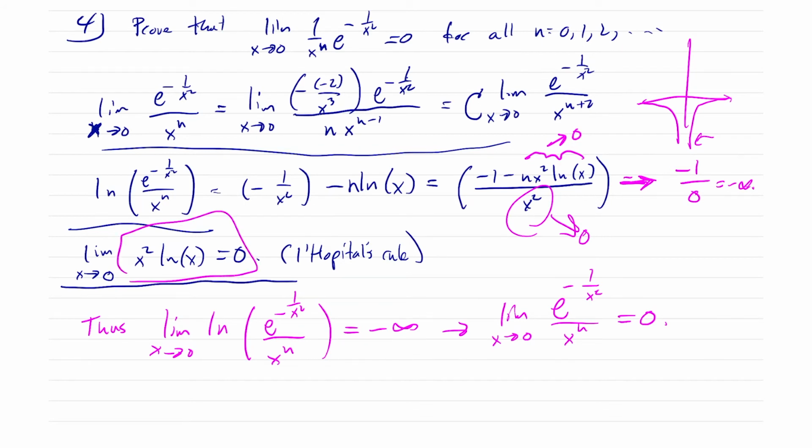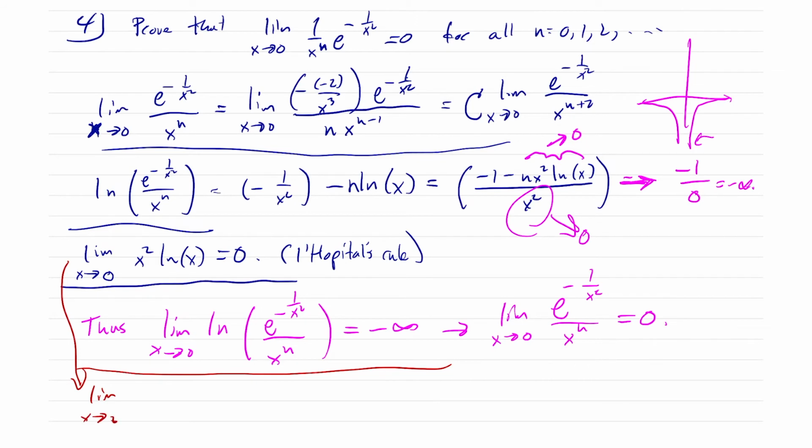This you can show with L'Hopital's rule again. If we want to actually verify this with L'Hopital's rule, this becomes the limit as x goes to 0 of, say, ln of x divided by 1 over x squared. And let's see, so this is going to be the limit as x goes to 0, derivative top, 1 over x, over the derivative bottom, which is minus 2 over x cubed.